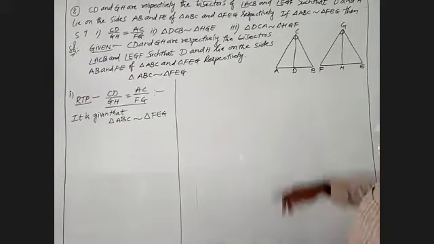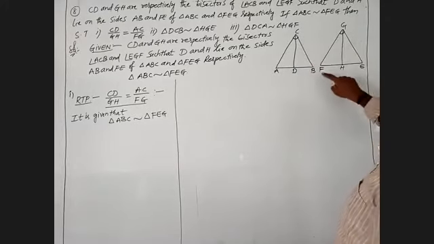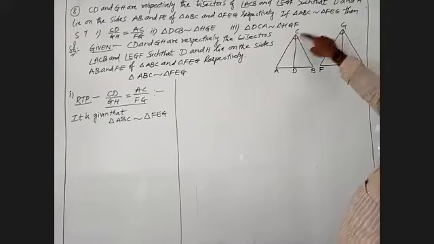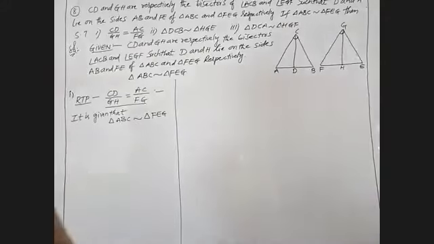Here we will observe. In triangle ABC and triangle FEG, angle C must be equal to angle G. Why? Because both are bisectors.